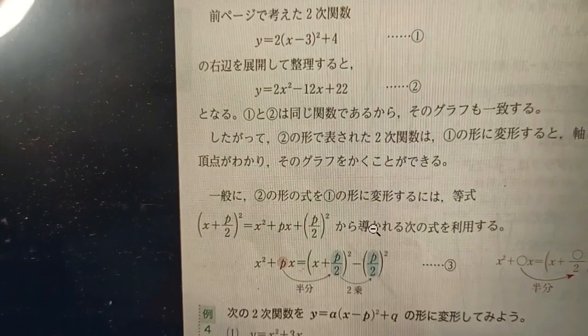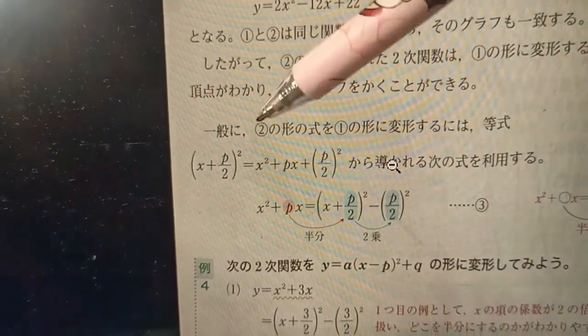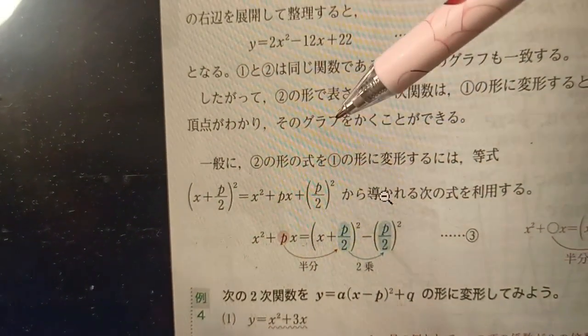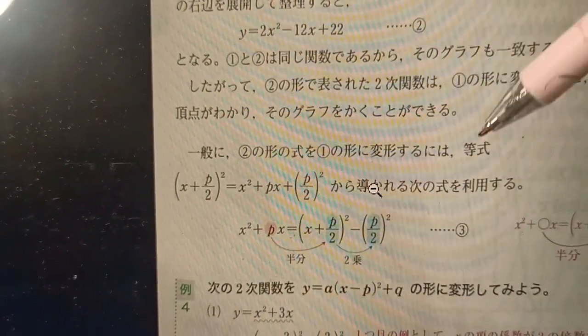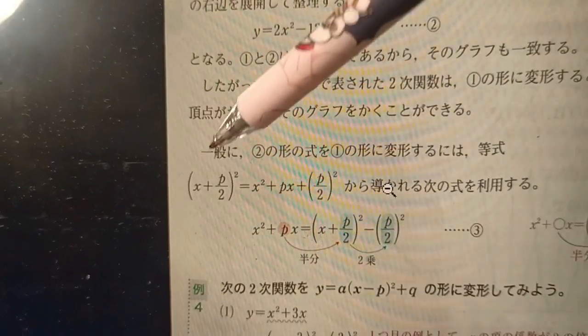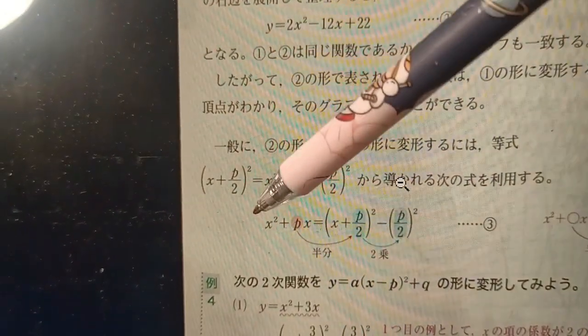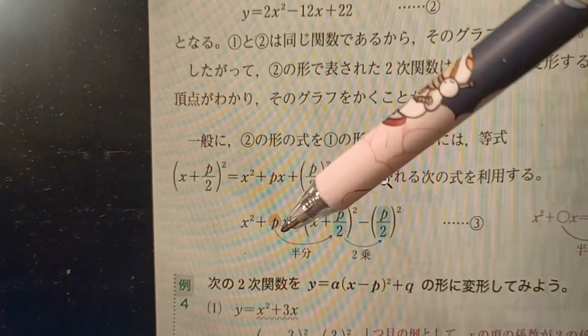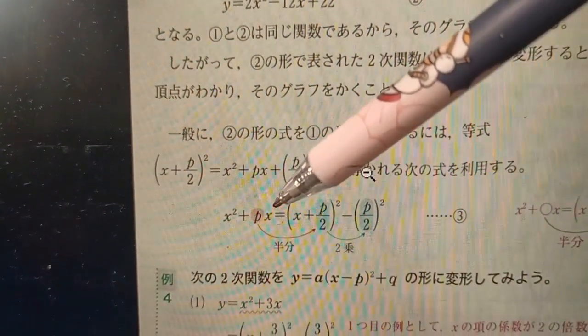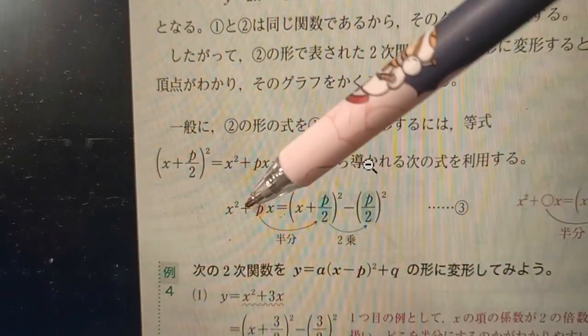Okay, now we are going to see the general way to transform the second form into the first form. This is how to do it. At first, you have only this one. So it might be confusing for the first time.